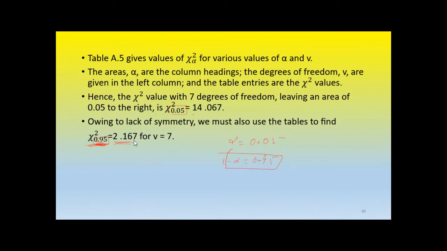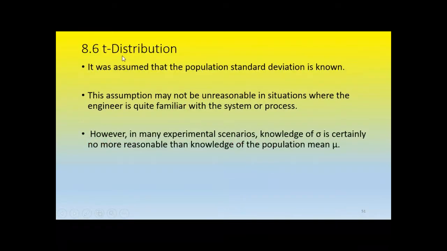Now the t distribution. It was assumed in the previous section that the population standard deviation is known, because we were analyzing the variance. This assumption may not be reasonable. It's unreasonable in situations where the engineer is not quite familiar with the system or process. In many experimental scenarios, knowledge of sigma is certainly no more reasonable than knowledge of the population mean.